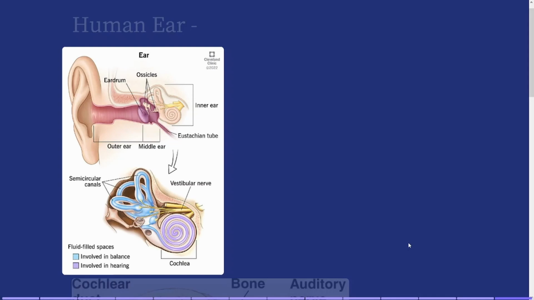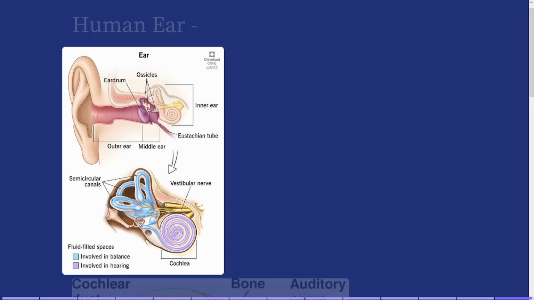and then this pinna gathers and collects the vibrations in the air and passes them through the external auditory meatus. The external auditory meatus takes all the vibrations in the air and passes them to the tympanum or the eardrum.